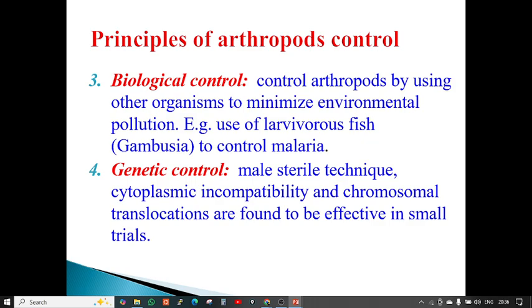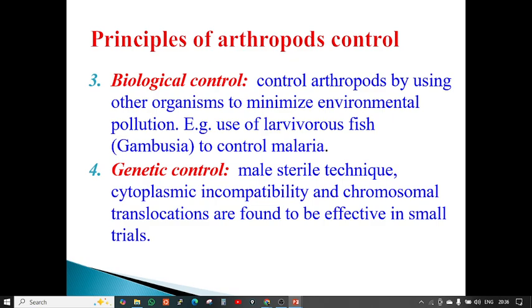In order to kill the mosquitoes, just use a larvivorous fish, that is Gambusia. Gambusia is a special kind of fish. If you release this fish in the drainage, it can easily eat the larvae of mosquitoes. So that can biologically control them. That means one organism can kill other organisms. That kind of control is called biological control.